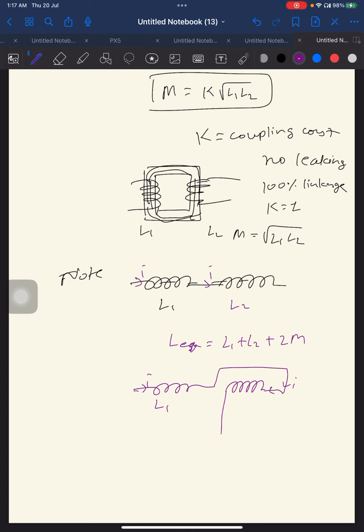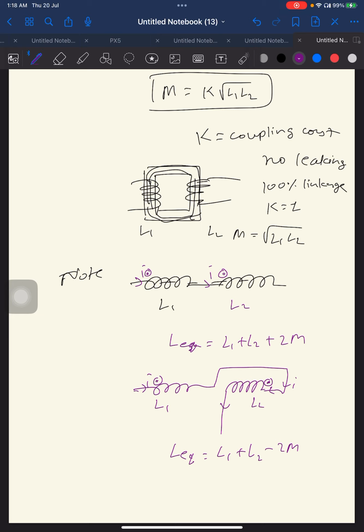So here the currents are in opposite direction, entering here and here. In the above one, the currents are entering on the same side. So here L equivalent will be L1 plus L2 minus twice M. This is the formula. Energy is also half L i square, and instead of L we can keep L equivalent. I hope these formulas are clear.